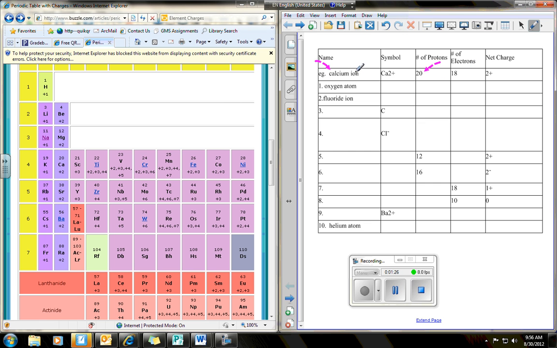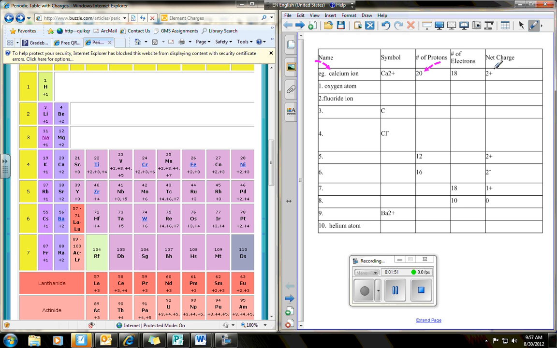But because this is a calcium ion and the charge is 2 plus, what you actually do is take the number of protons and subtract 2. So 20 minus 2. If it was 2 negative, you would add it, 20 plus 2. But because it's a positive, you do 20 minus 2. And that's the amount of electrons around the ion itself.